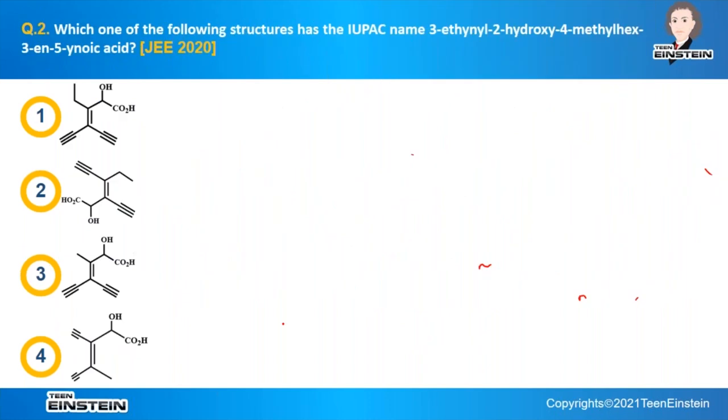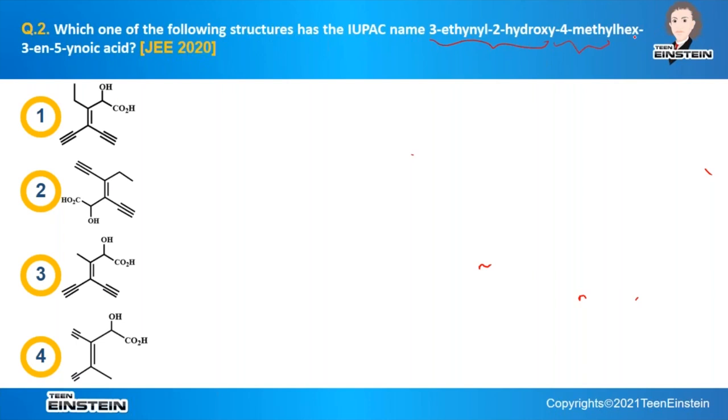Which one of the following structures has the IUPAC name 3-ethynyl-2-hydroxy-4-methylhex-3-en-5-ynoic acid? Here the prefixes 3-ethynyl, 2-hydroxy and 4-methyl are the substituent groups.